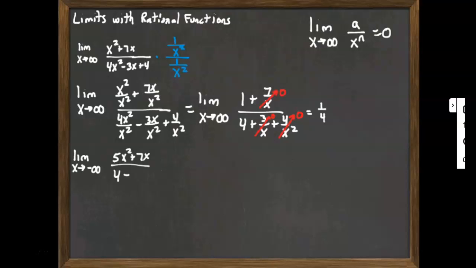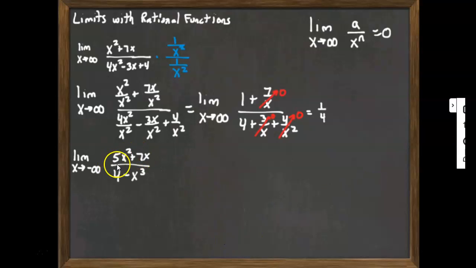So let's consider another problem here. Limit as x approaches negative infinity of 5x squared plus 7x over 4 minus x cubed. We could do the same thing here, divide both top and bottom by the largest power present, which is x cubed, and work through the problem that way. But here I'm going to approach it a little bit differently.